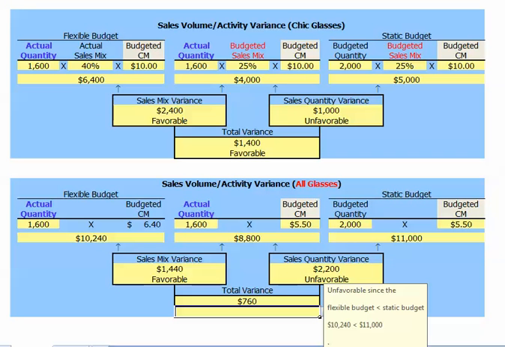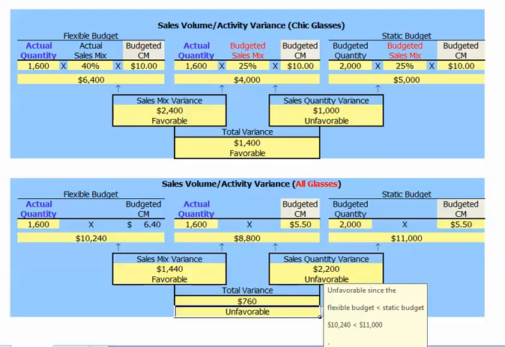Again, the $10,240 flexible budget amount is less than our original static budget amount of $11,000, so we have an unfavorable variance of $760. So unfavorable of $760, and that's our problem for us.